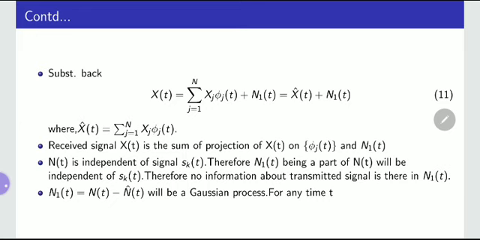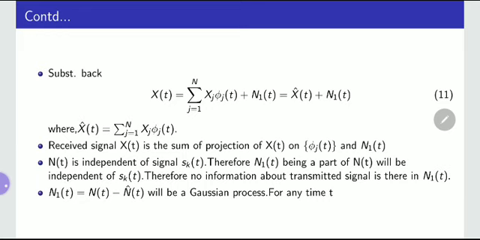Now we want to analyze whether this extra noise term n1 of t is relevant for our design of the optimal receiver. We know that the noise process n of t is independent of the signal sk of t. Noise is a property of the channel and sk of t is a deterministic signal.